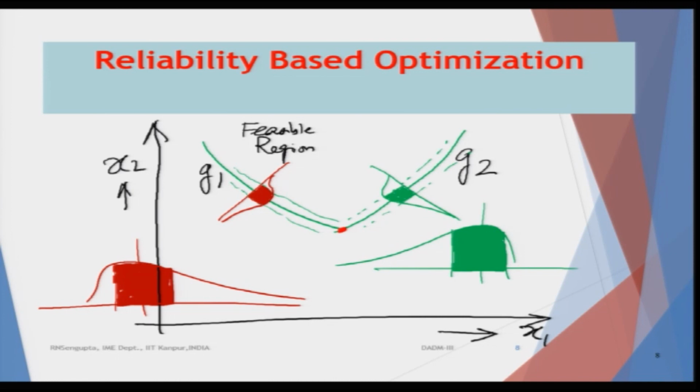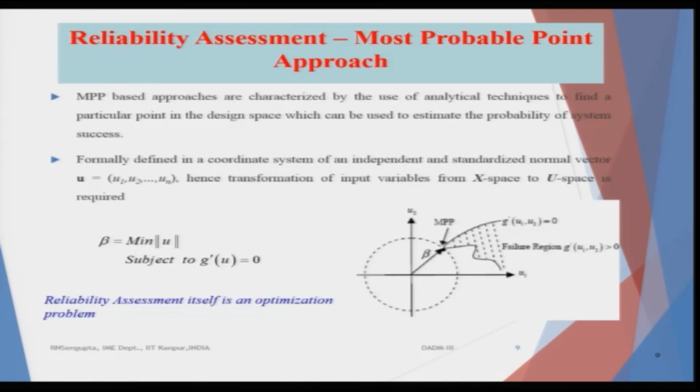So, trying to find the best surface area or the overall region would be difficult. Now, let me come to the reliability assessment by the most probable point approach. The MPP method is characterized by the use of analytical solution techniques to find a particular point in the design space, which can be used to estimate the probability of system success.